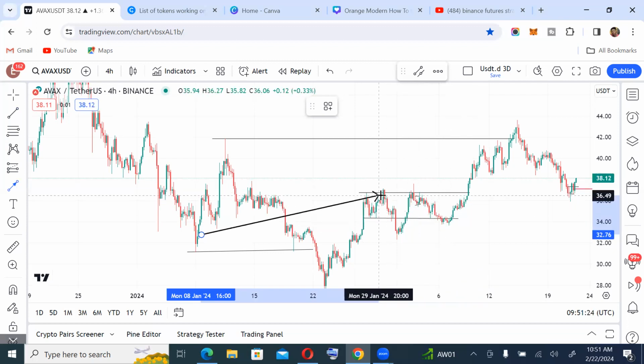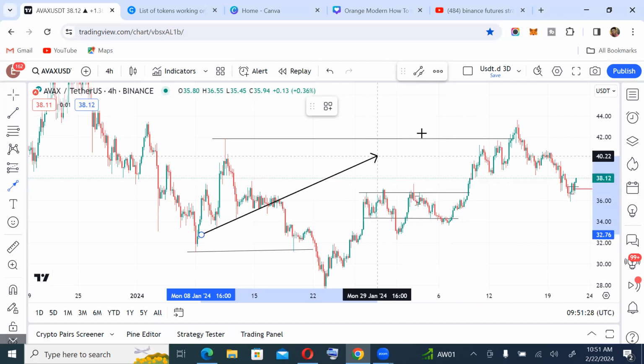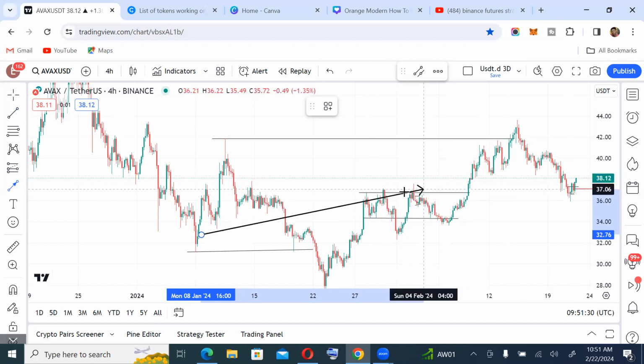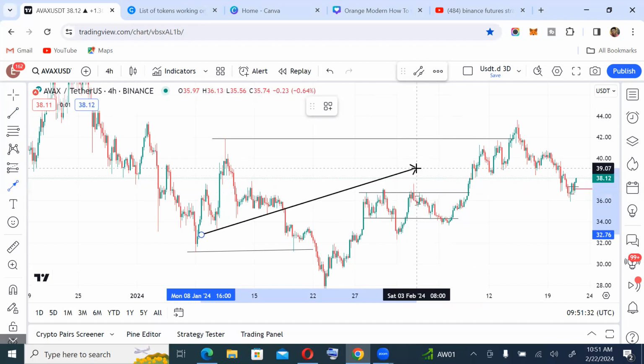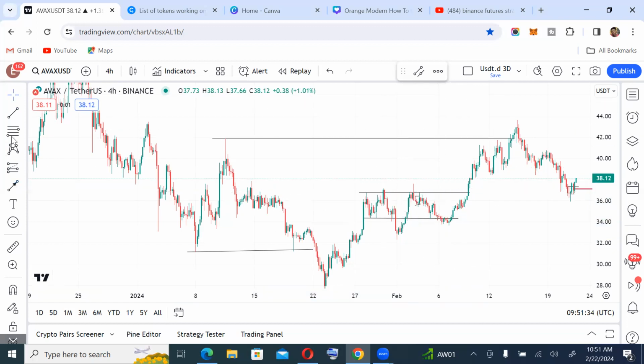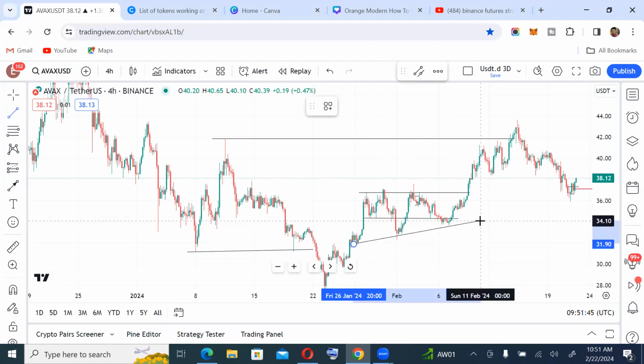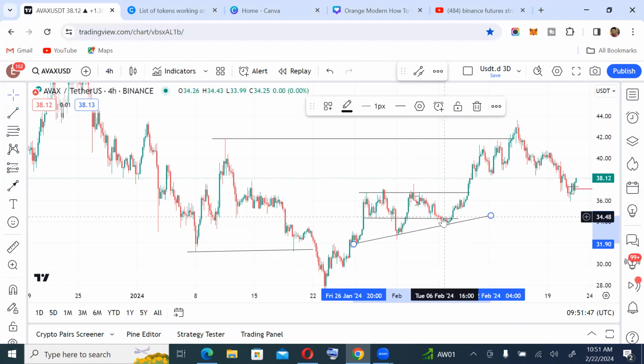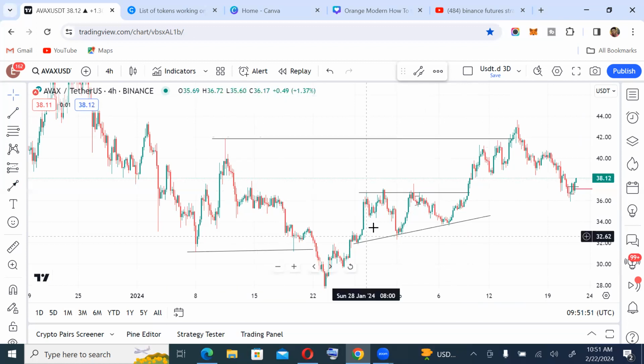The next thing is to wait for price to come back into this range. Price has come back into this range again to retest this upper level. A retail trader is going to see this as an ascending triangle, and he's going to trade this particular pattern.